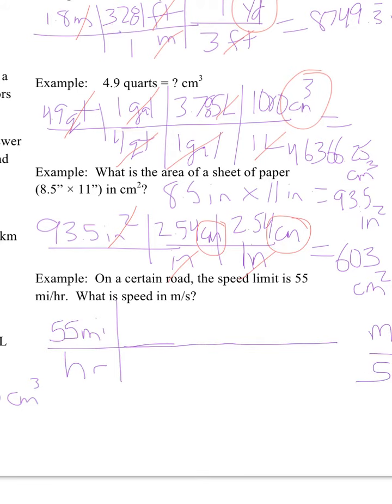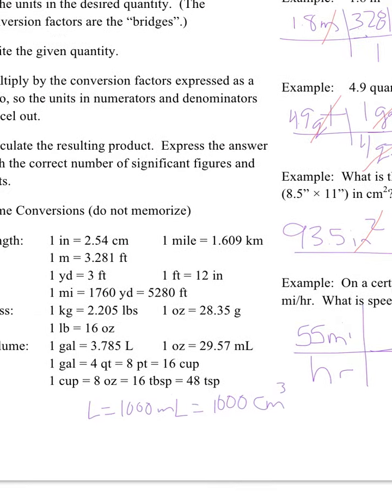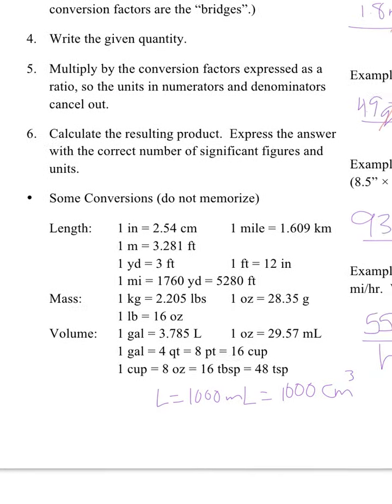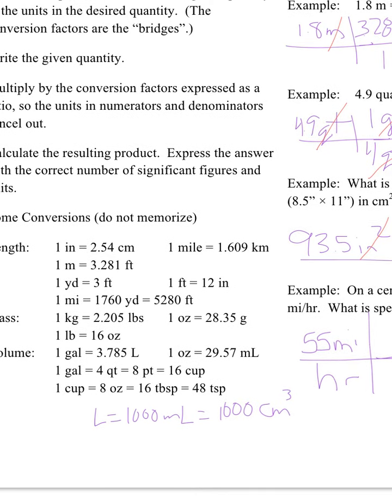So let's go back to our list of conversion factors and see if we have a miles and meters conversion. Okay, not quite, but close. I have miles and kilometers. And then I can convert from kilometers to meters. So I'll show you how to do that.